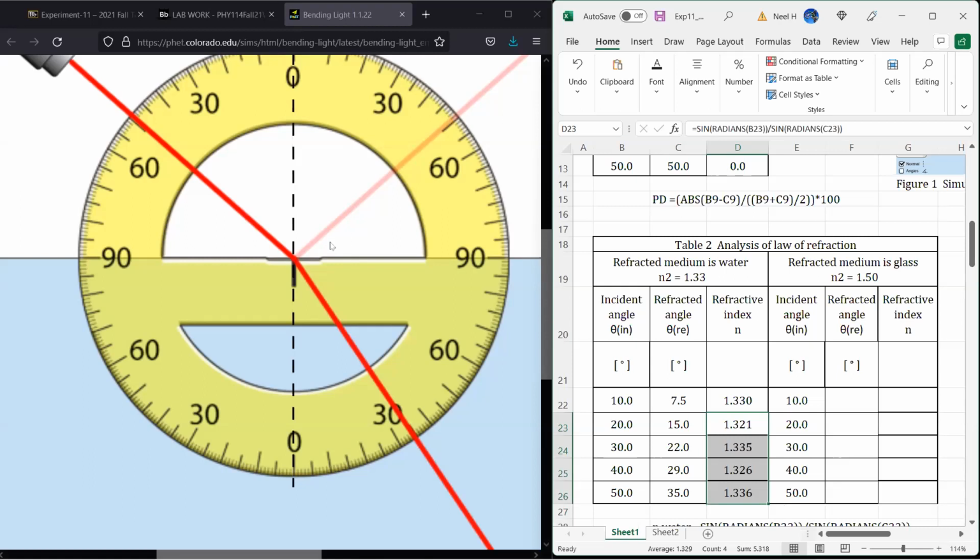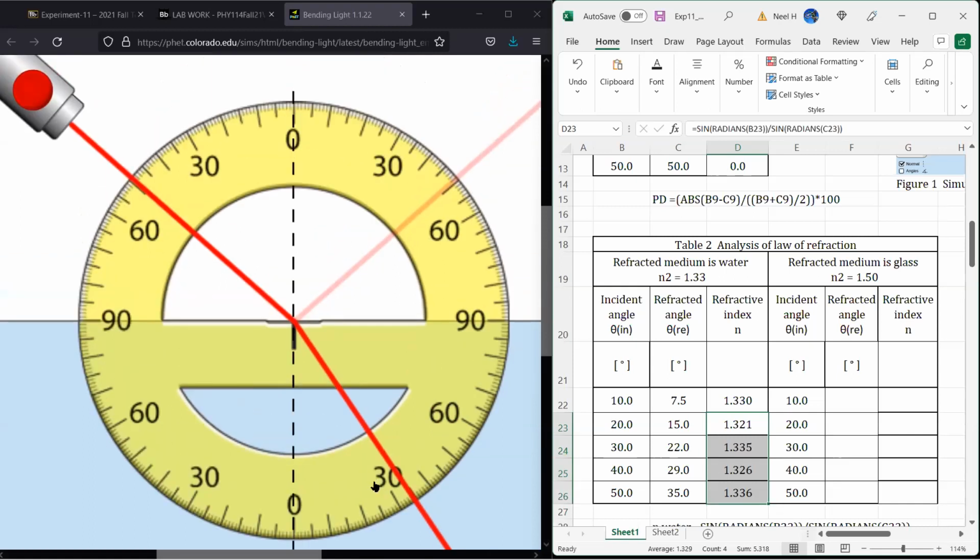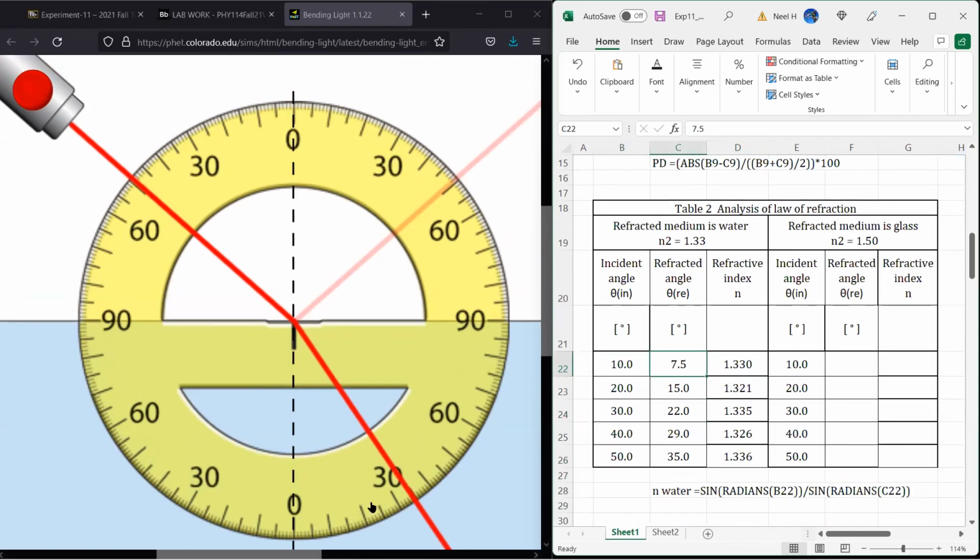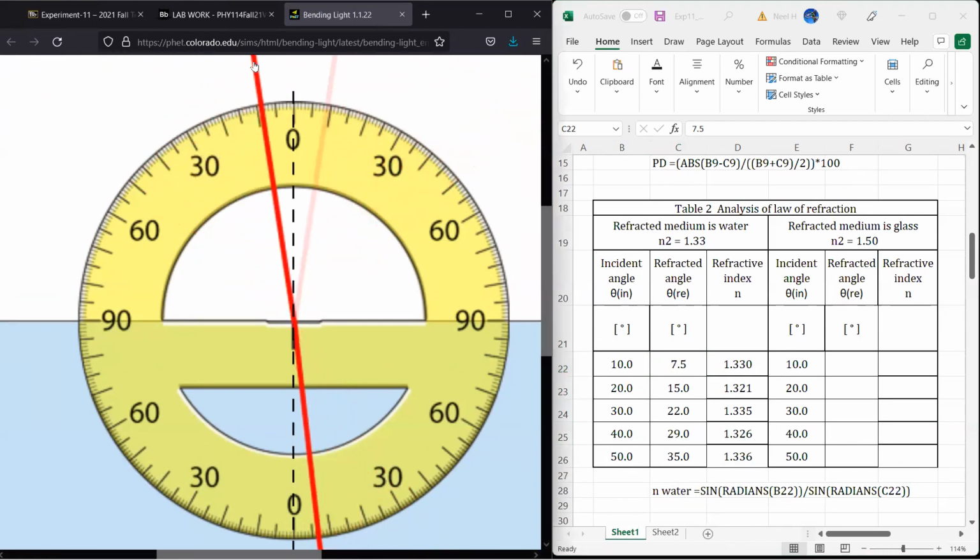Professor, I get confused. When you're clicking on, let's say, 50, where do you get the 35? You have to measure that from here, the same way you're measuring for 10. So you measure right there. So you're not looking at the 50, you're just going to 35. I don't understand how you get from 40 to 29. You have to change this incident angle 10 by 10. At 10 right here, the incident angle is 10.